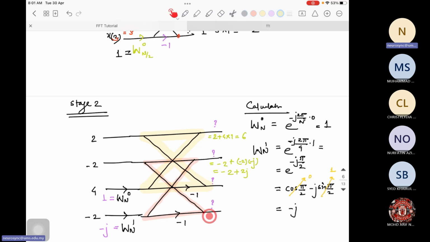Similarly, this value is this minus the multiplication of this. Then what do we get here? This is 2 minus 4 into 1, which is equal to minus 2. And this value is minus 2 minus 2 into minus j, which is equal to minus 2 minus 2j.